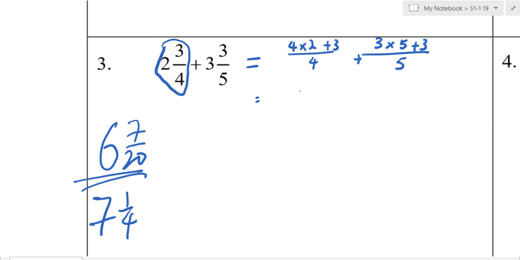Okay. So this is 8. 8 plus 3 is 11. 15 plus 3 is 18 over 5. So Zahira, what must I do next?